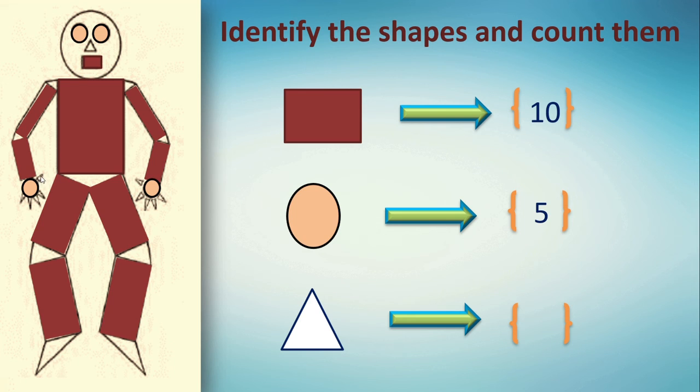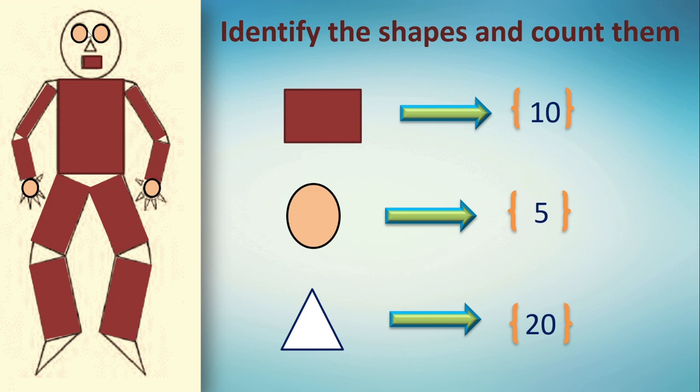Then here see this 7, 8, 9, 10, 11. These fingers, right? This is 12, 13, 14, 15, 16. Correct? Then this is 17, 18, 19, 20. Means there are 20 triangles in this figure. So we will write here 20.